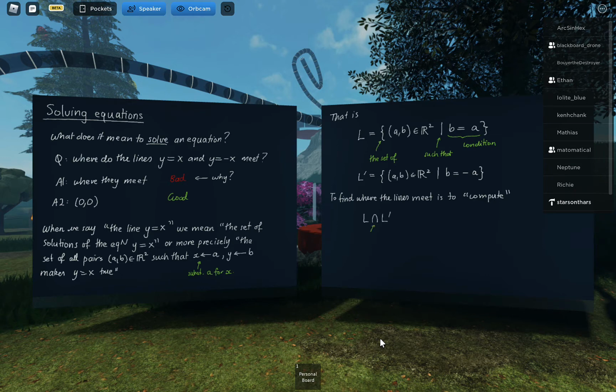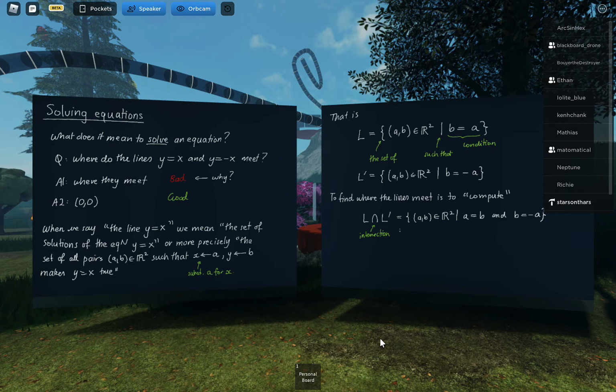So this notation is intersection. You take all the elements that are jointly in both sets. So if I take all pairs where both conditions are true, that's that. Now that's also not answering the question, just writing down this expression, right?